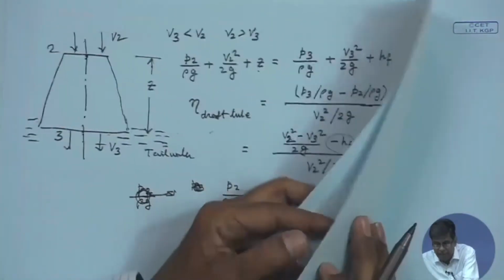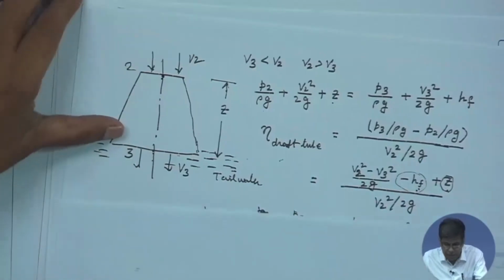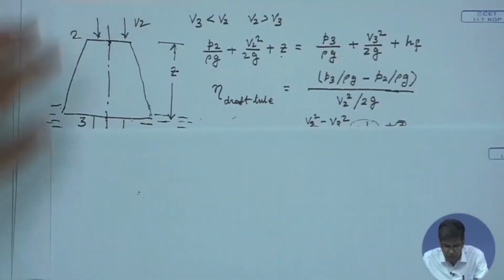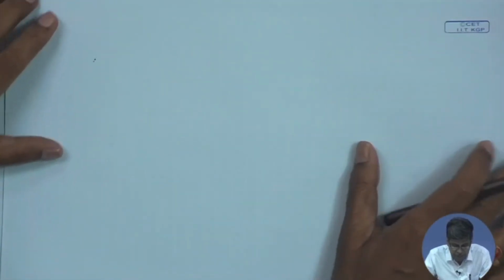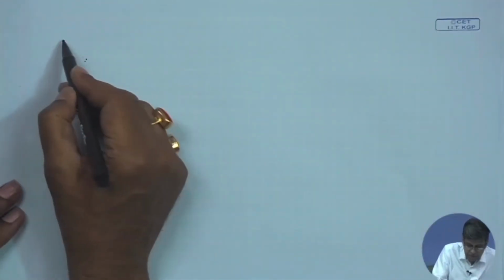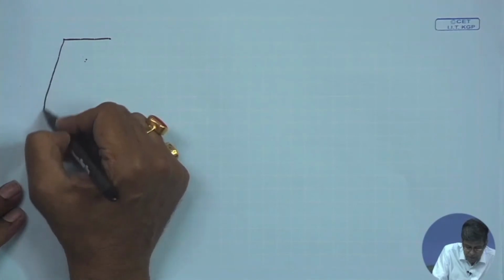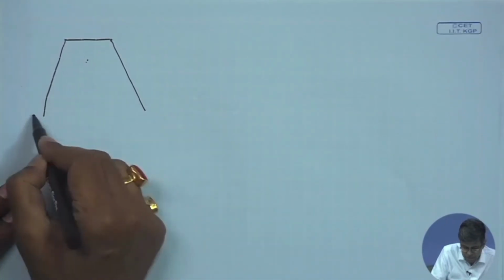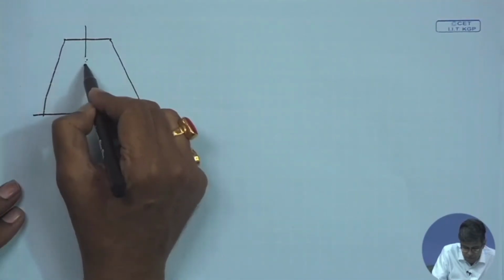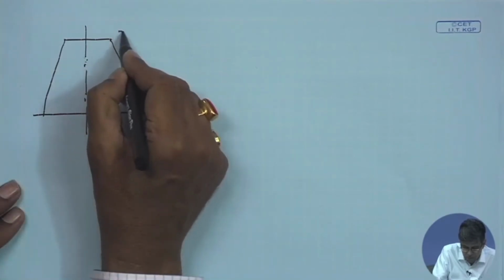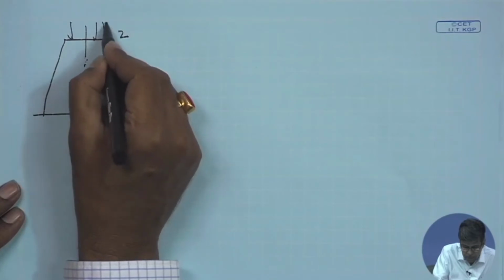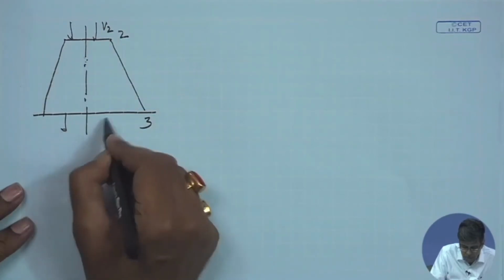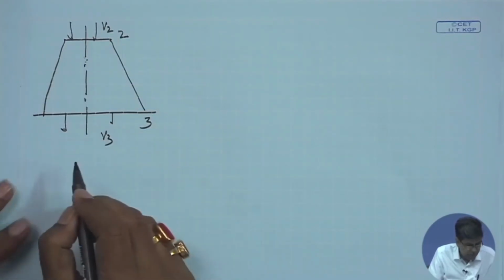Now, if we think that for cavitation to occur, the pressure should not be more than the vapor pressure, then what we do? We again draw this, sections 2 and 3, with V2 and V3.